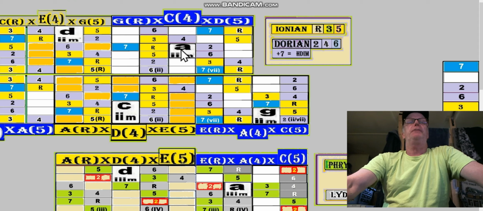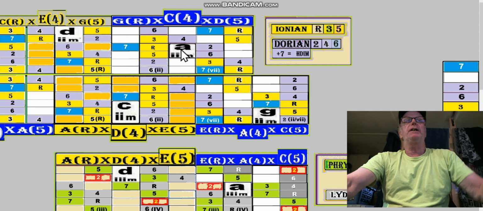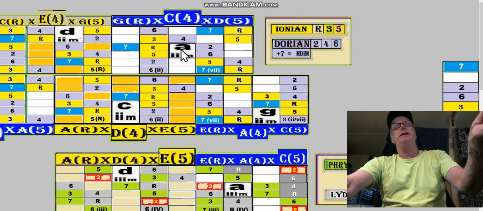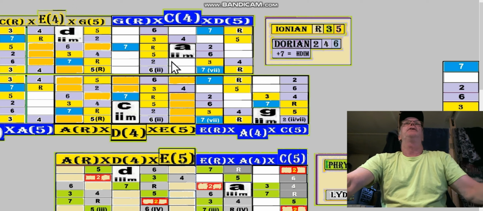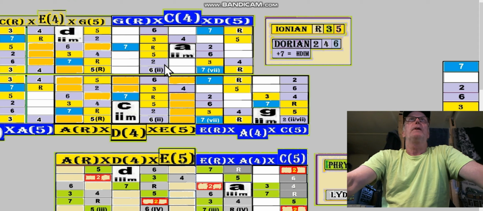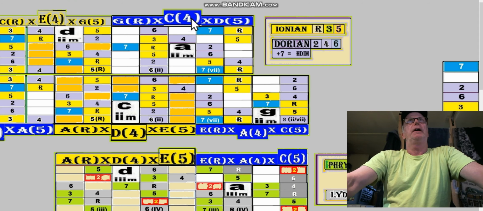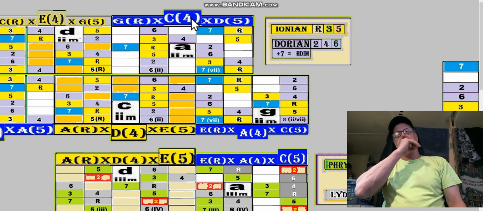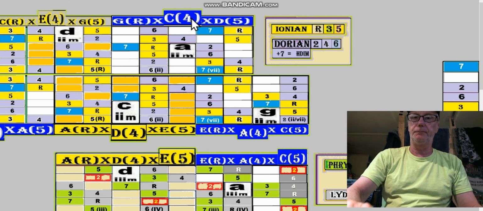Because if you go up one pentatonic scale from A to C, A minor, C is the major. And you're looking at Dorian is the second and its parent is the fourth. All right, and essentially going up one pentatonic scale there.